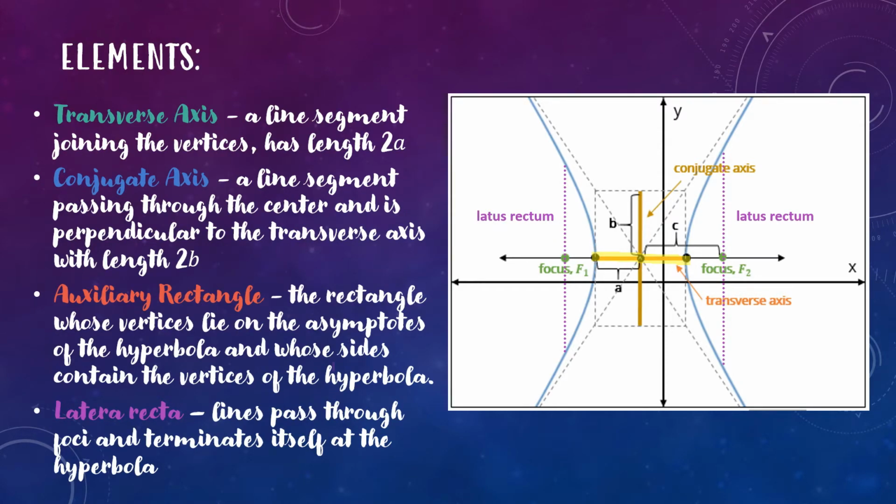For the next element, we have the conjugate axis, a line segment passing through the center and perpendicular to the transverse axis with the length of 2b. Kaning murag brown nga line, kana ang ginatawag nga conjugate axis. Murag siya major and minor axis sa ellipse.